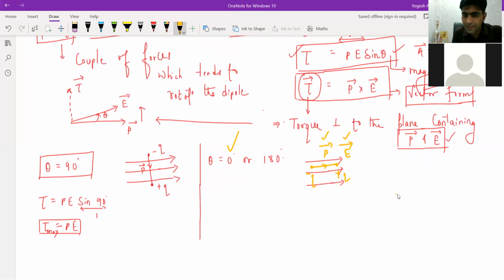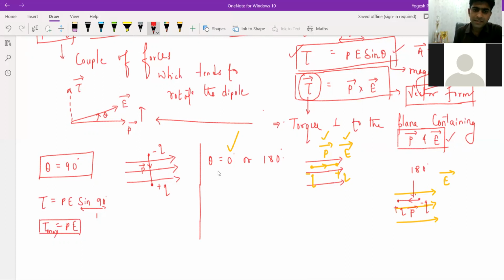0 degree. And if you take the opposite case, that if this is the direction of electric field and you take the dipole to be having the opposite electric dipole moment, if this is minus q and this is plus q and the direction of dipole moment is like this p vector. So if you see now the direction is opposite, so we can write this as 180 degree.